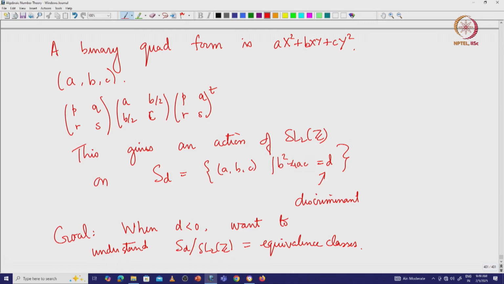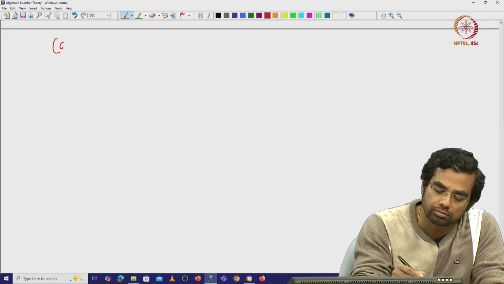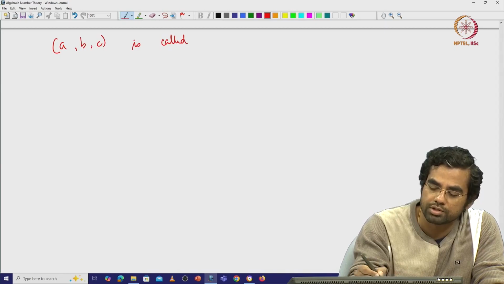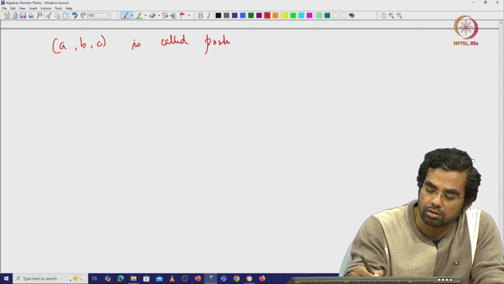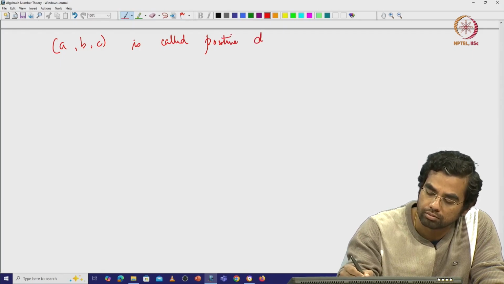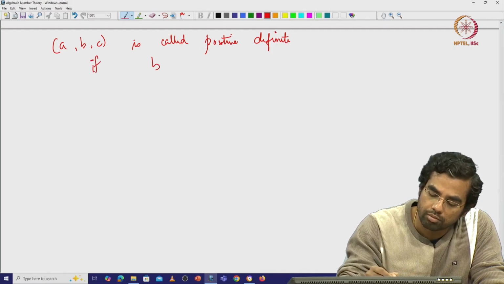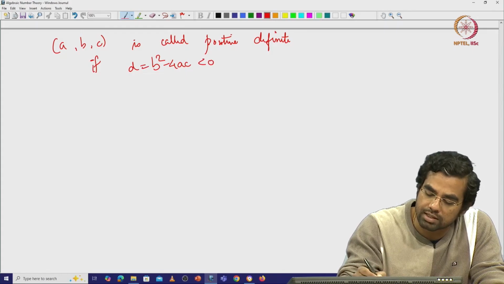Okay. So, recall that (A, B, C) is called positive definite if b squared minus 4AC, this is the discriminant, is less than 0.